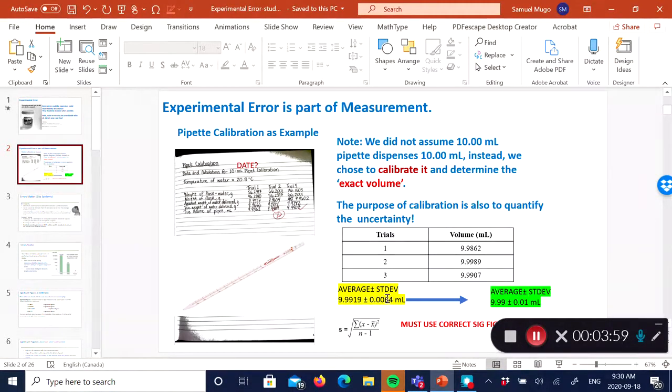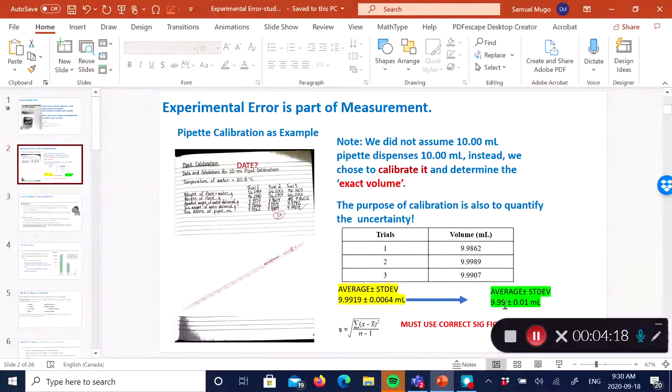The way we do it is, the first uncertain number becomes your last significant figure in your average. So in this case, I'm going to round this off to 0.01.